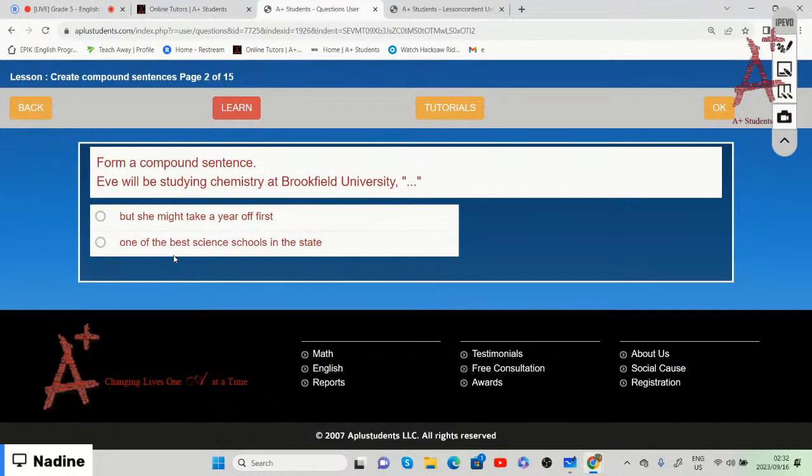Is it: at university, but she might take a year off, or one of the best science schools in the state, Brookfield University?